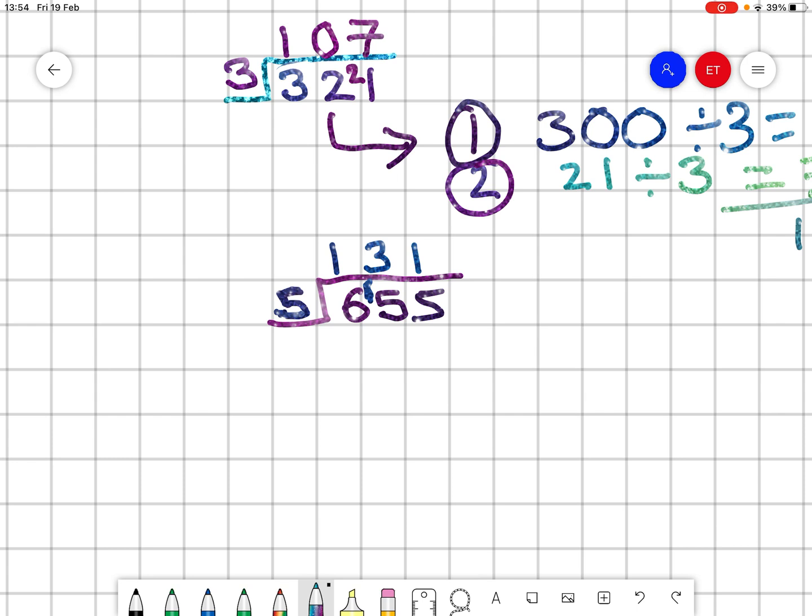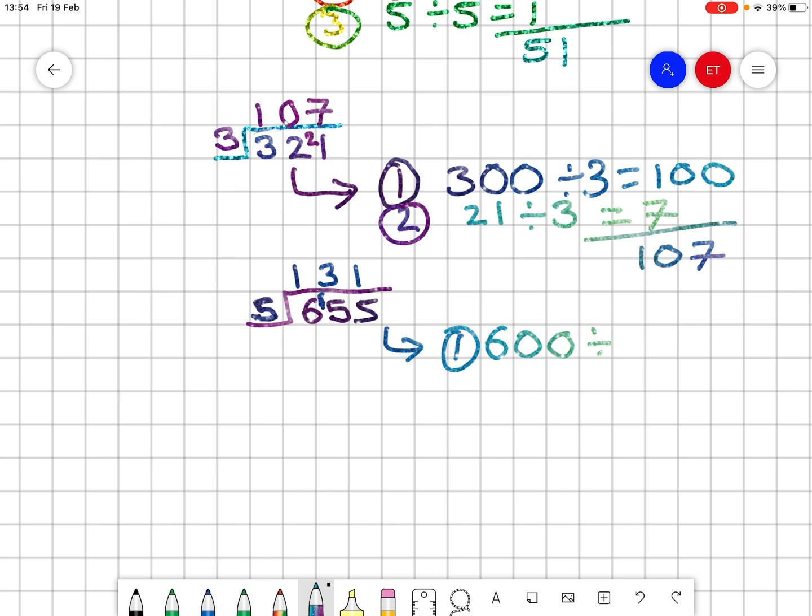So again, if we were to do that the long way, you could do 600 divided by 5, and then I'll just write out the steps first of all, 50 divided by 5, and then we'll do 5 divided by 5.